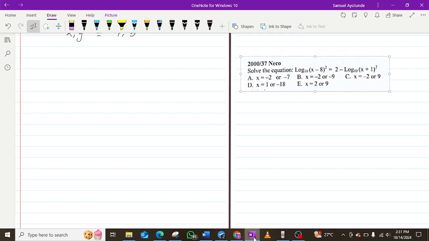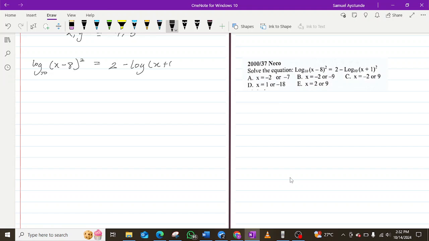So we continue our example. We look at this example now. Solve the equation log base 10 of (x minus 8) square is equal to 2 minus log of (x plus 1) square over 10.